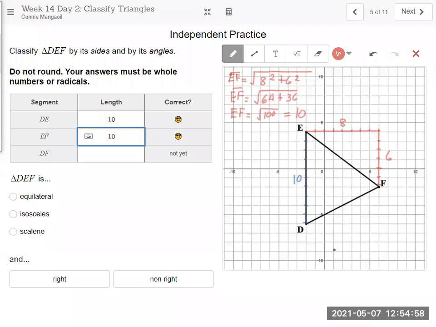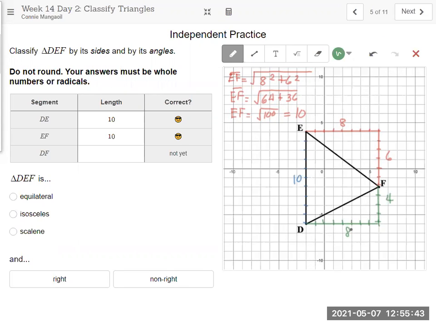All right. Now we have one side remaining, DF. This is our DF. So again, let's draw our right triangle. And then let's count. So that would be 1, 2, 3, 4. And this is 1, 2, 3, 4, 5, 6, 7, 8. Right?